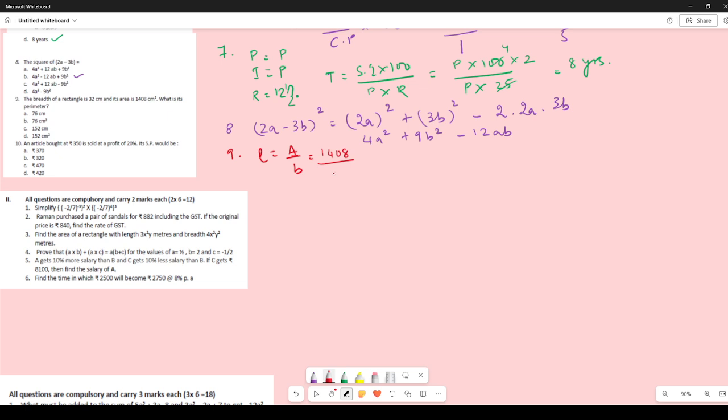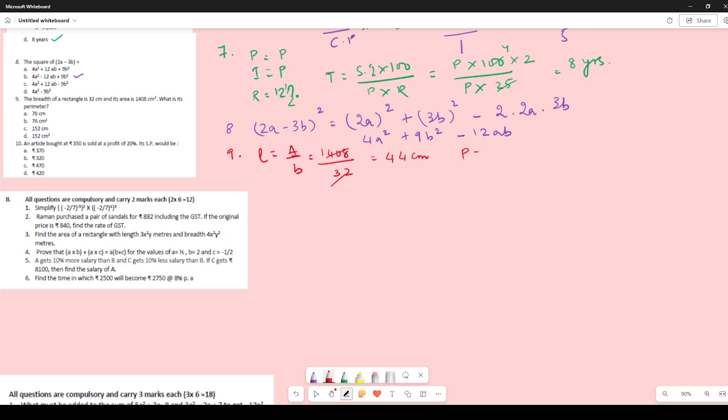So 1408 divided by 32, when you divide it, you get 44 centimeters. So that is the length you get.